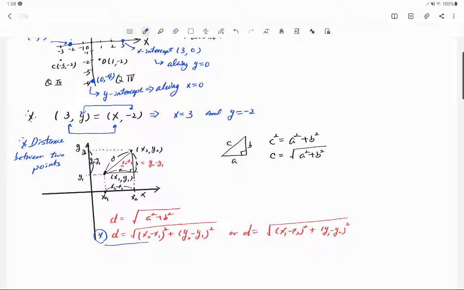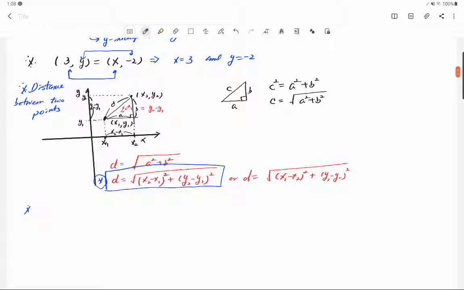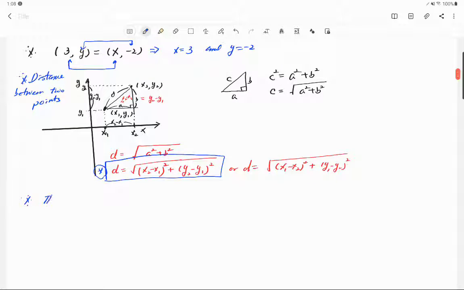So don't forget this one. This is really, really important. That's the formula for the distance. How about the midpoint? How do you find the midpoint between 2 points?